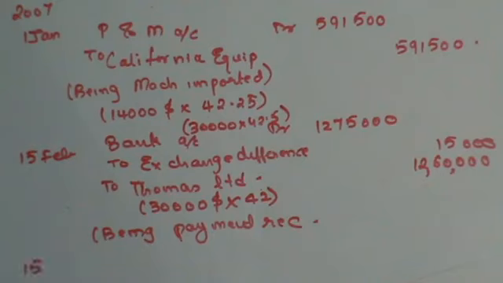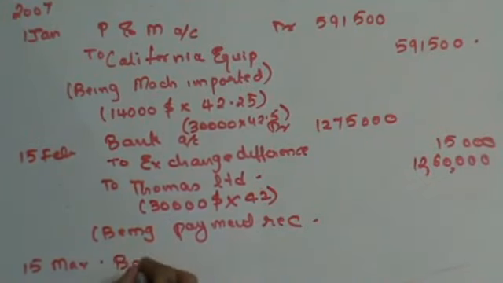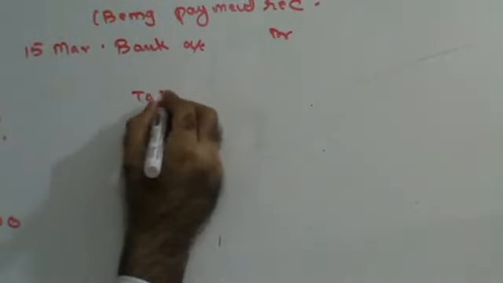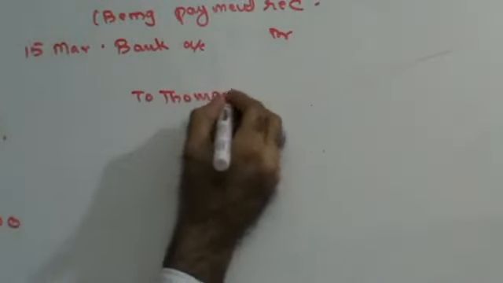Next, you have the payment that you have to receive on 15th March from Thomas Limited only. Money is coming in, bank account debit to Thomas Limited. He is paying you $45,000.